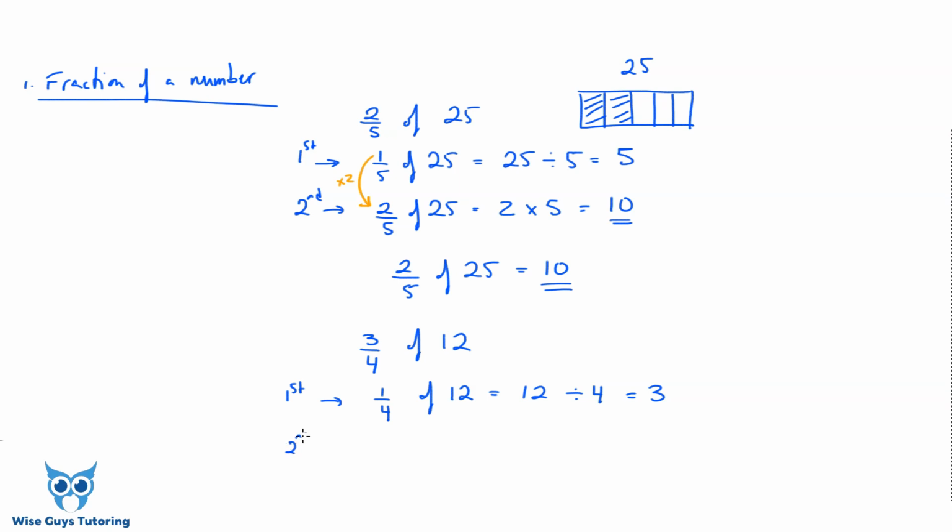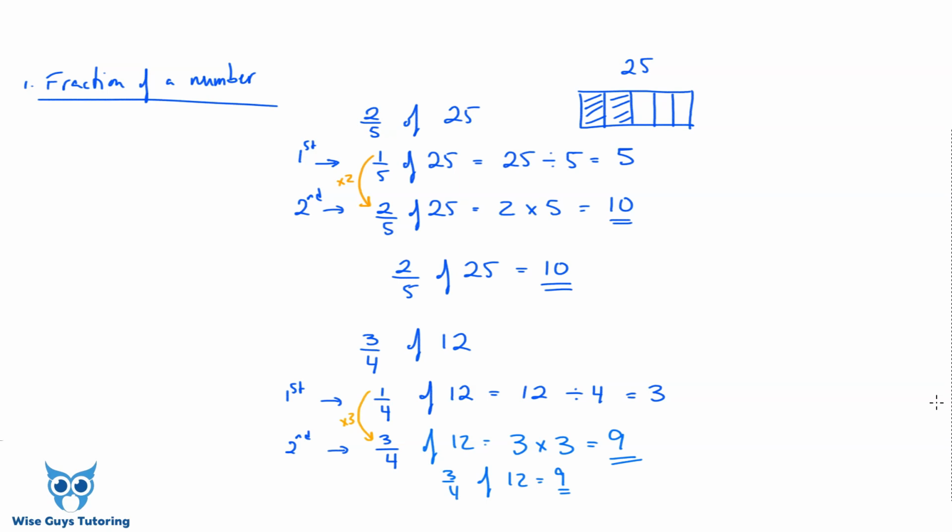The second step is we weren't looking for 1/4, were we? We were looking for 3/4. Now, since 3/4 is 3 times as big, all we have to do is take our answer and multiply it by 3. So 3/4 of 12 is 3 times 3. And the answer I get is 9. So 3/4 of 12 equals 9.